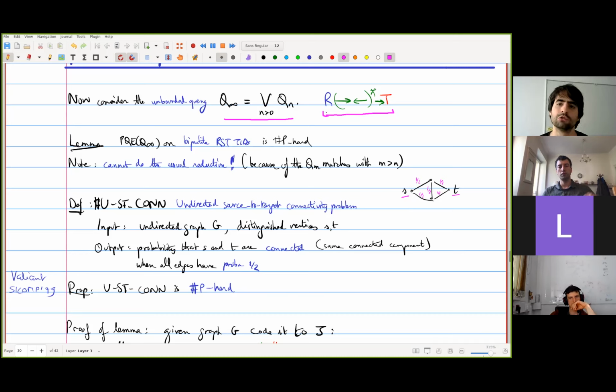And now I can reduce from that problem to this problem by just building an instance that codes a graph like this, so that this will be the R fact, this will be the T fact, and these will be back and forth paths of S's. And if there's a path from S to T, it will mean that I have a back and forth path in my bipartite instance.